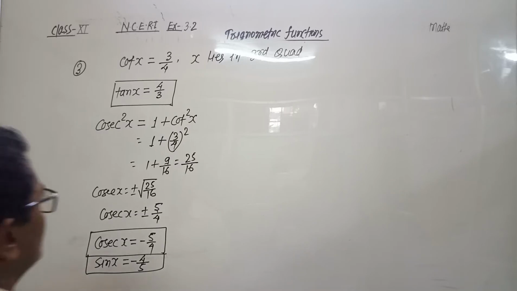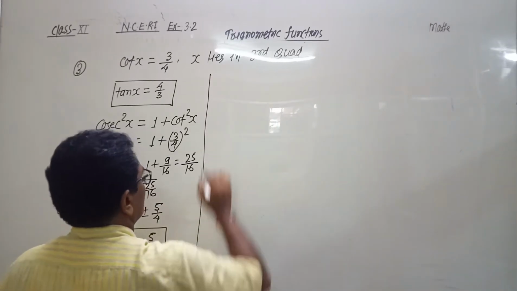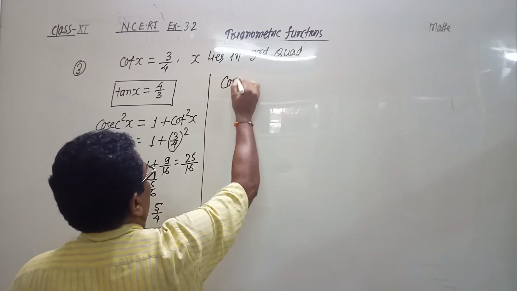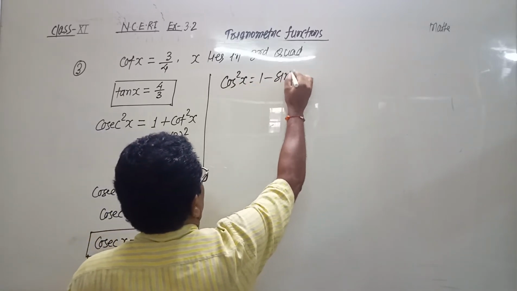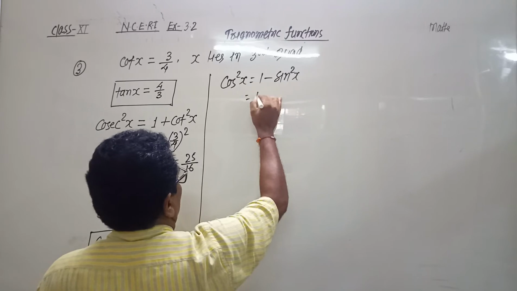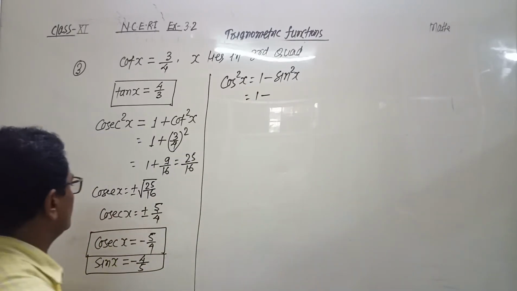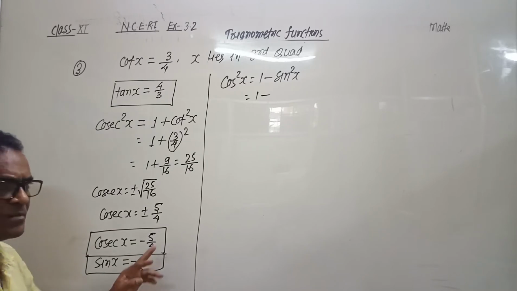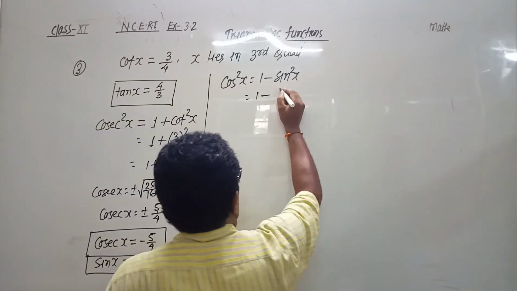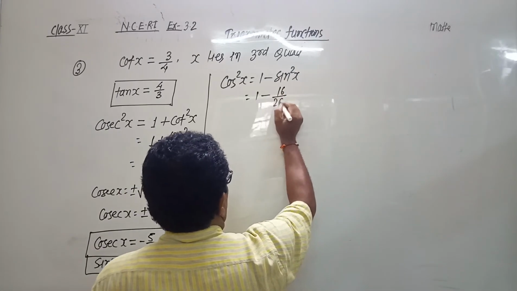Now we calculate cos x, and we use the formula cos square x equals 1 minus sin square x. So 1 minus the value of sin x, which is minus 4/5, the whole square. We get 16/25.